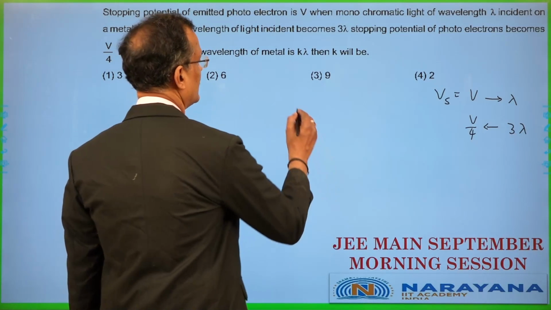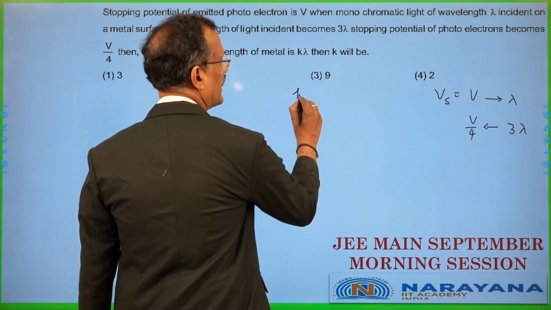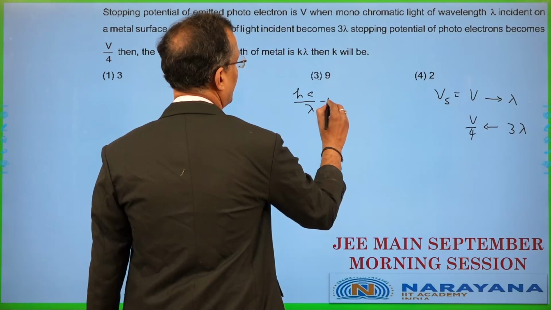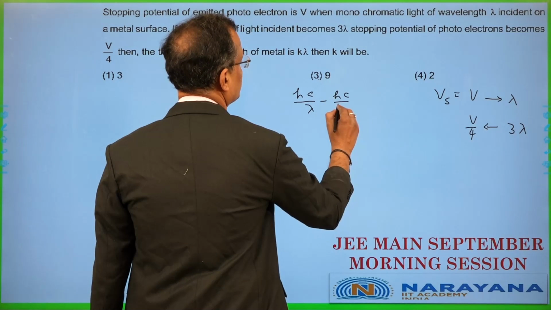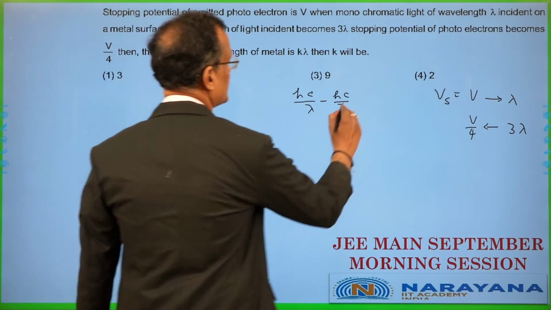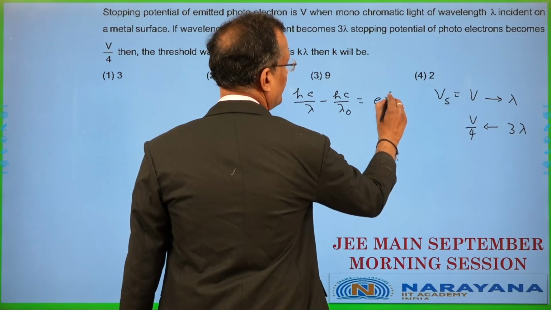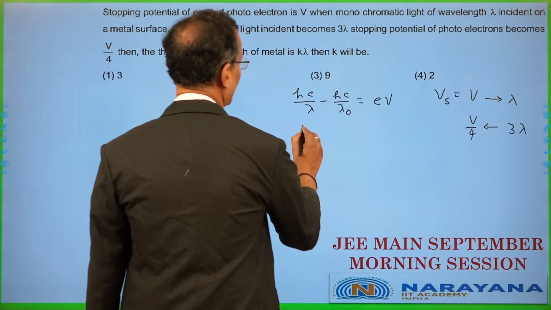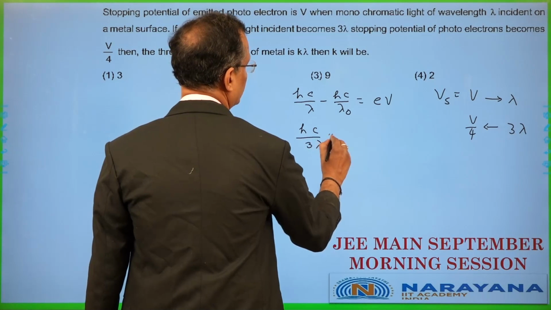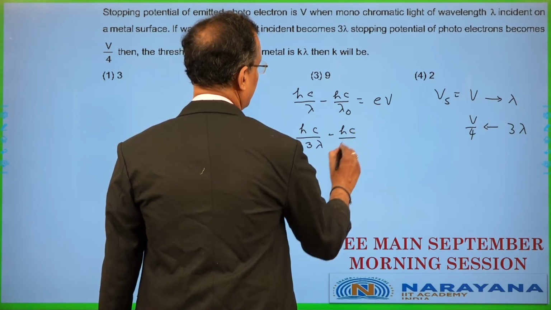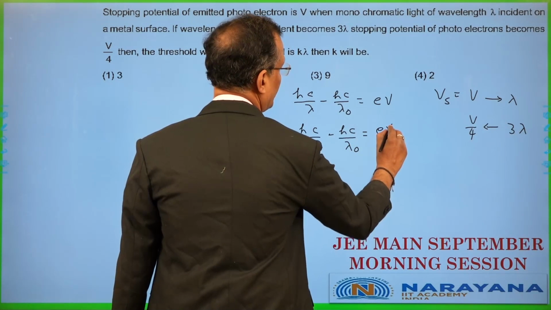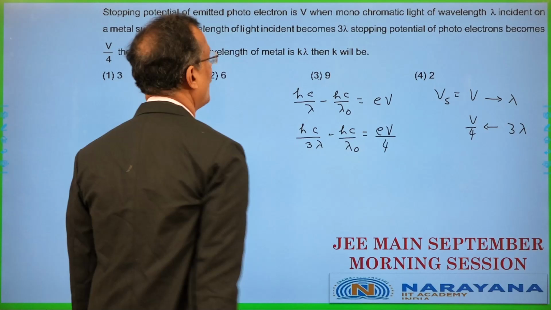Go for hc by lambda minus hc by lambda naught, this is equal to eV. For this you will go hc by 3 lambda minus hc by lambda naught equal to eV by 4.